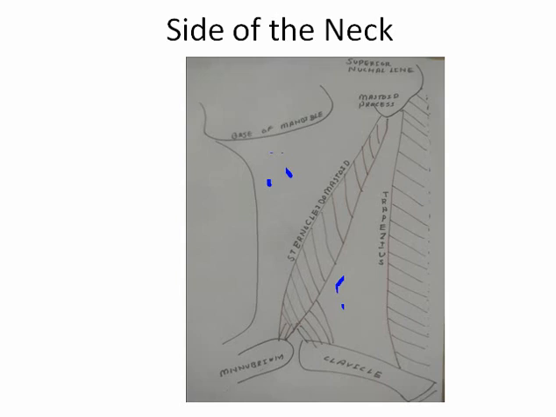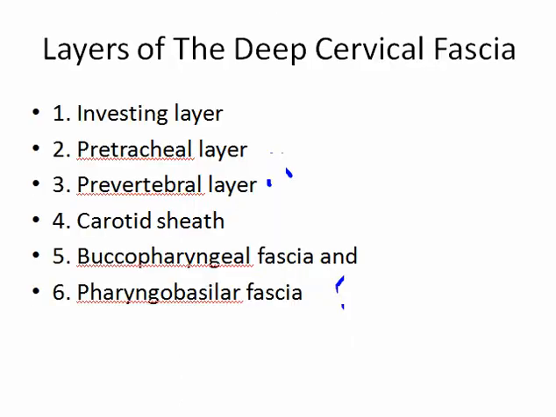This deep fascia of the neck has layers: the superficial fascia and then the deep fascia. The first layer of the deep fascia is called the investing layer of the deep cervical fascia. The second one is the pretracheal layer.